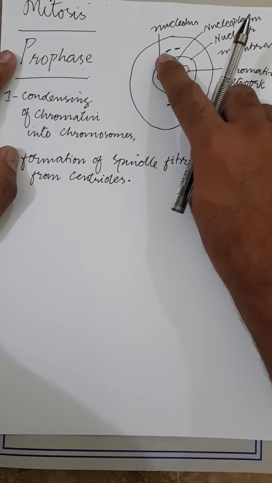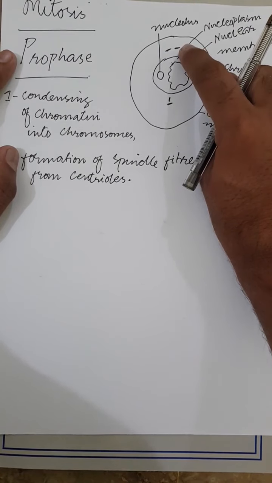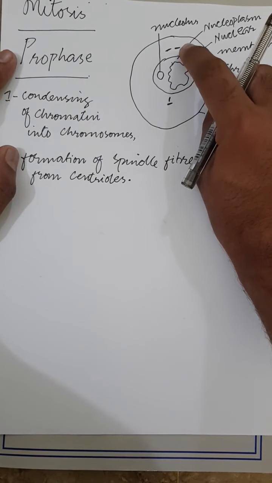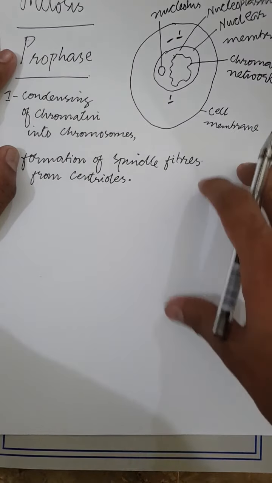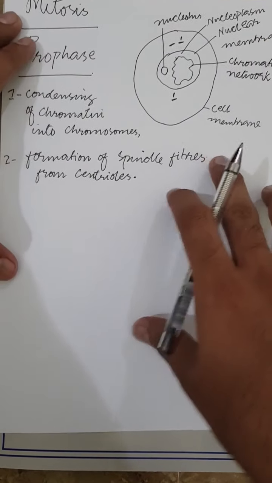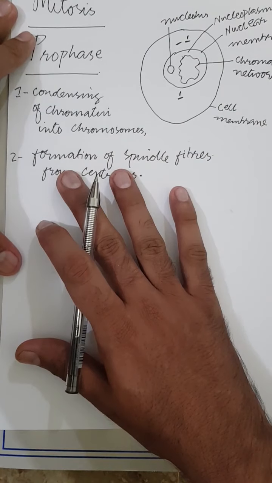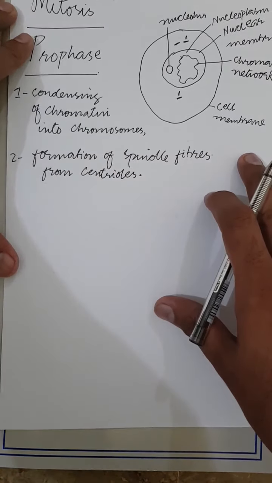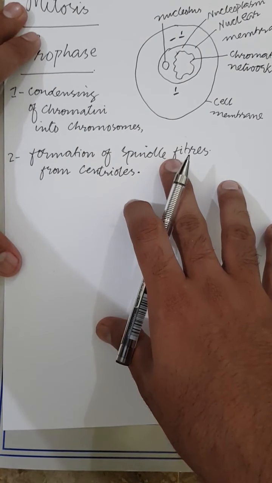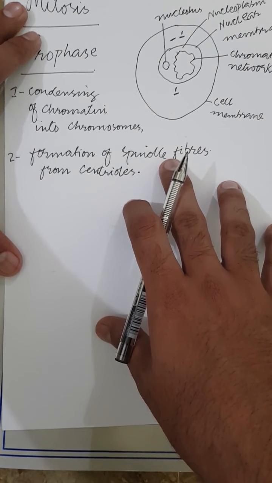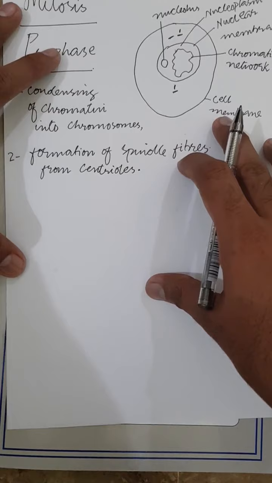One of this set will move here and the other will remain as it is here, so they will form a kind of structure which I'll show you later in this process. So this is called the second task of the prophase, the formation of spindle fibers from centrioles. And in these spindle fibers a cell arranges its chromosomes for its division into the daughter nuclei.